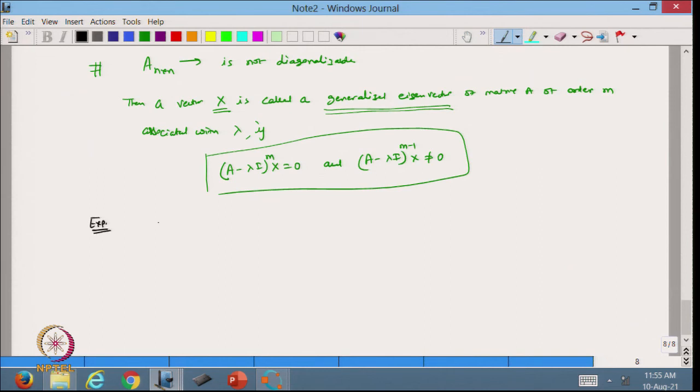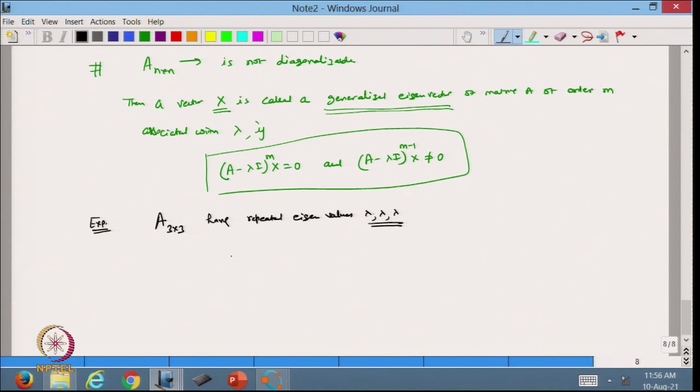Suppose I have a matrix A, and I just take a 3 cross 3 matrix. Suppose this matrix has repeated eigenvalues lambda, lambda, lambda, all 3 eigenvalues are repeating.